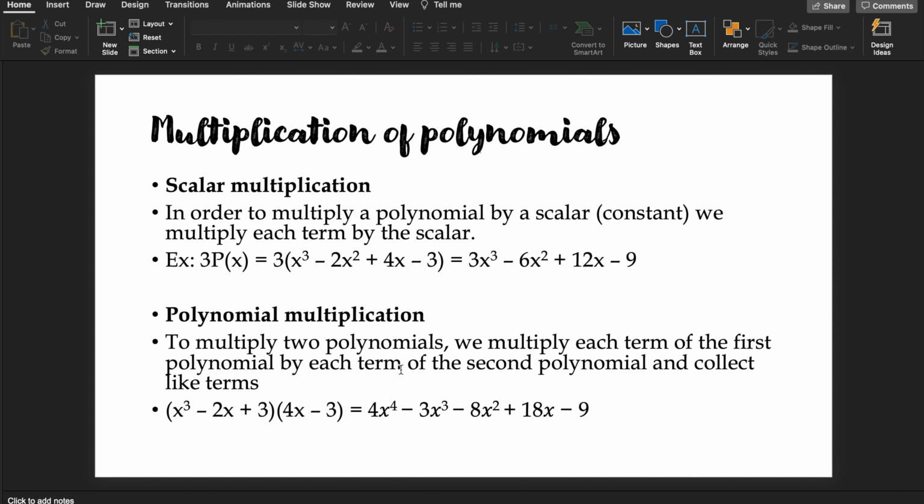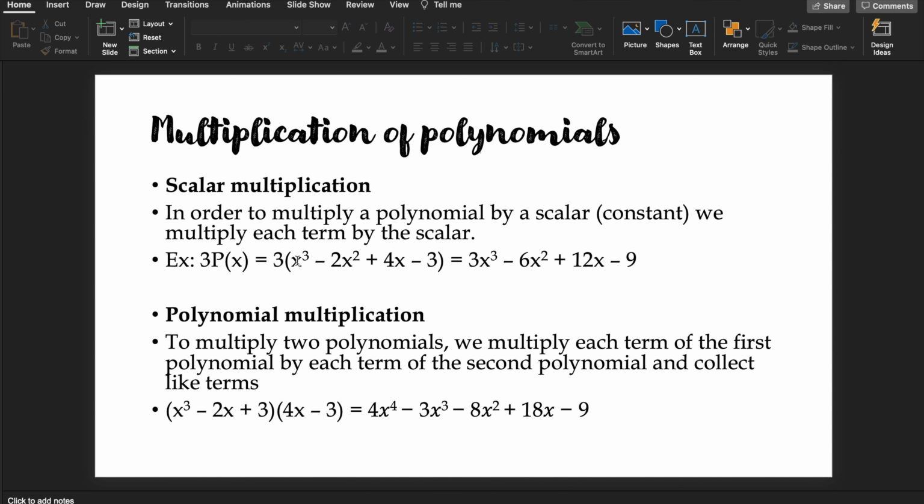Okay, so let us do the multiplication of polynomials. There are two types. Scalar multiplication, wherein you multiply a function by a constant. So in order to multiply a polynomial by a scalar, which is also known as a constant, we multiply each term by the scalar value. So let's take this example. It's 3 into p of x.